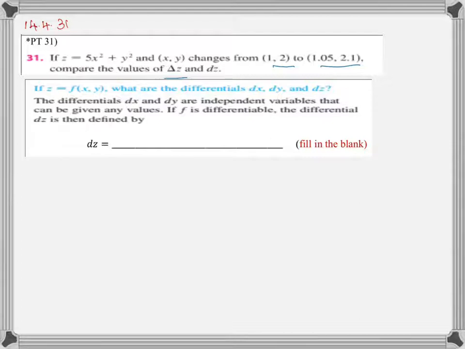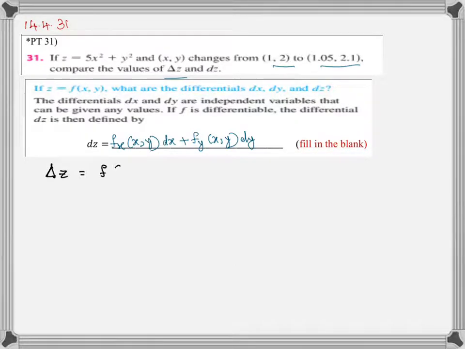If f is differentiable, then dz is defined by dz equals the partial derivative of f with respect to x at (x, y) times dx plus the partial derivative of f with respect to y at (x, y) times dy. This is what dz is. It's more like coming from the tangent plane.